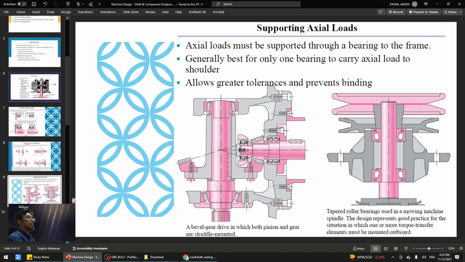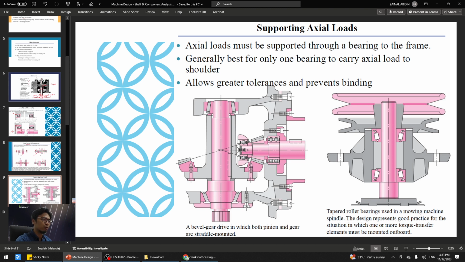Then again, supporting axial load. Saya dah bagi tahu tadi apa itu axial load. For example, load yang ada terkena kepada you punya komponen ataupun you punya shaft dalam keadaan dia dalam aksis. Contoh, baca kat sini, a tapered roller bearing used in mowing machine spindle.